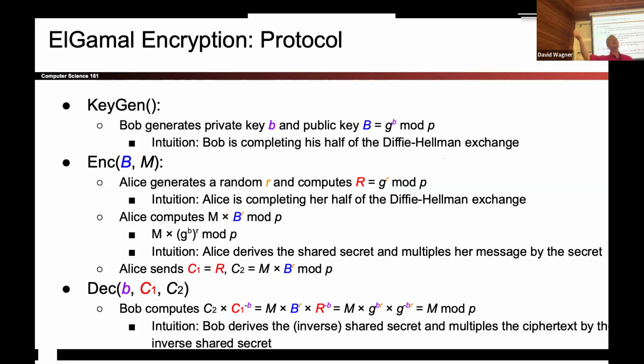So you imagine Bob sending his part of the Diffie-Hellman, he calls that his public key. Alice sends her part of the Diffie-Hellman, that's C1, and then she sends the encryption of the message. And since she's sending two things, we might as well bundle them together and send them in a single packet. So the ciphertext now we consider to be the combination of these two things that Alice sends.